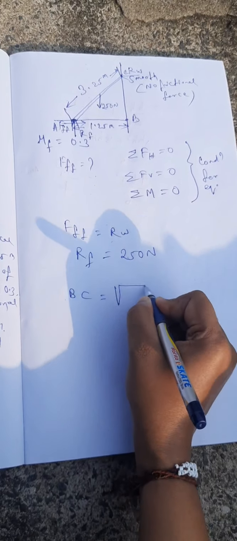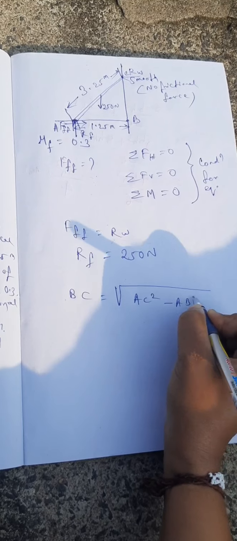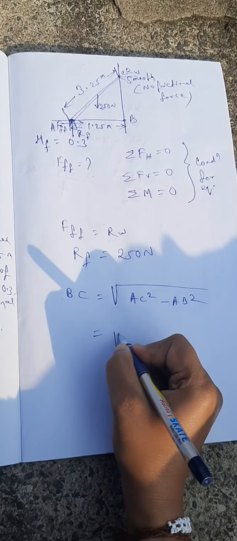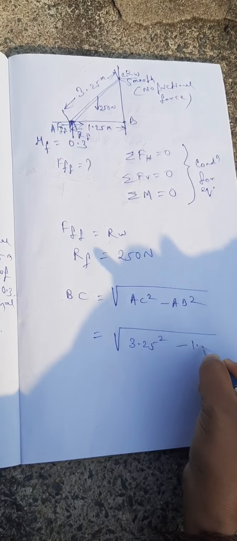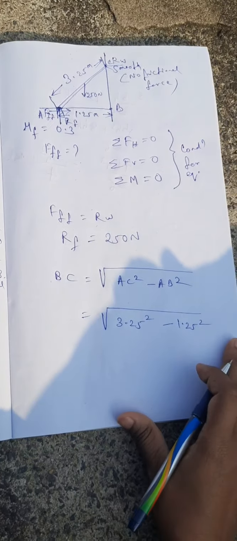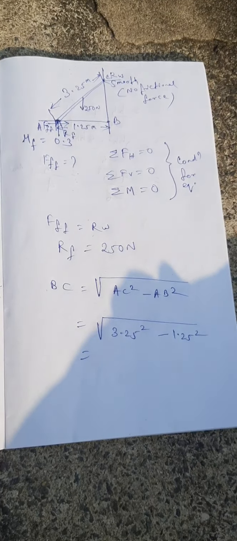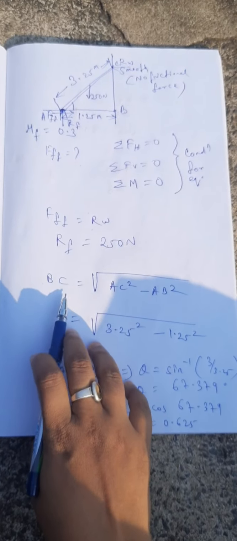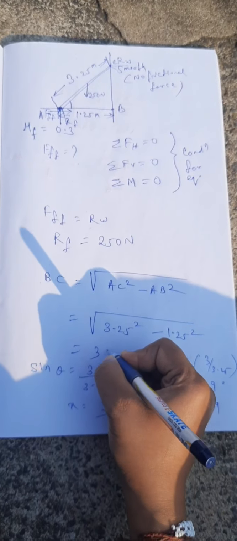BC equals the square root of AC squared minus AB squared, that is the square root of 3.25 squared minus 1.25 squared. I'll check this answer. So I have calculated BC as 3 meter.